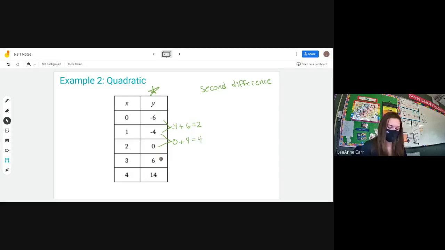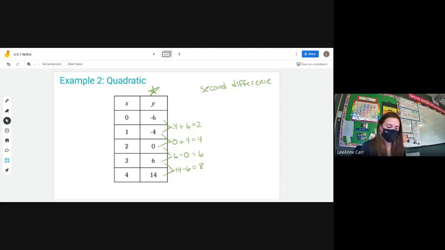Now I have 6 minus 0, which is 6, and 14 minus 6, which is 8. And you can see we do not have the same number for our common difference here. So that means that we have eliminated the option that this table represents a linear function, but it could still represent a quadratic because we haven't looked at the second difference yet.